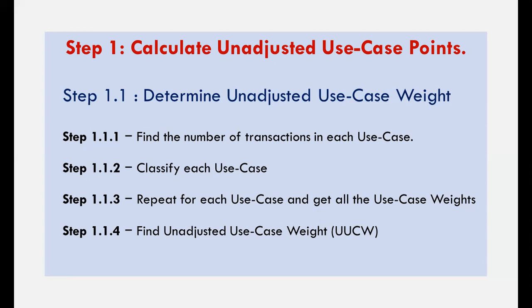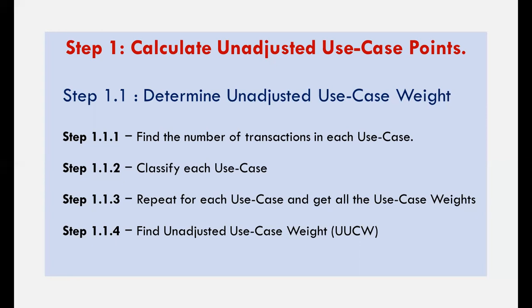The table contains simple, average, complex with the use case weights, number of use cases, and the product. So here for simple, the use case weight we have seen is 5, and the number of use cases is the number of simple use cases, so it is 5 times the number of simple use cases.